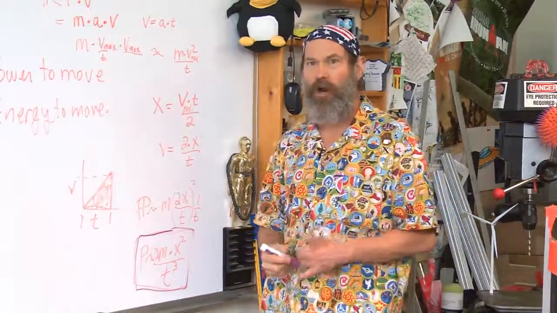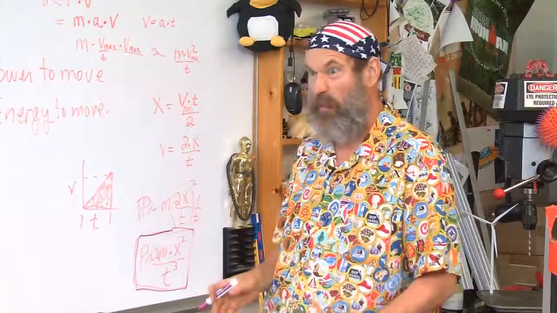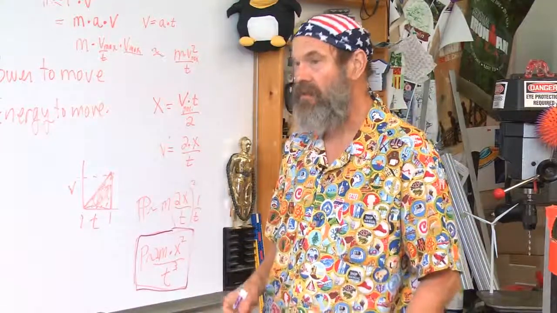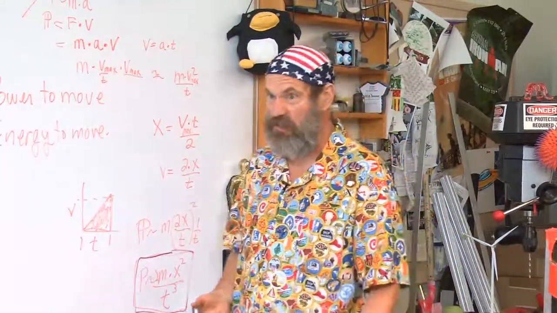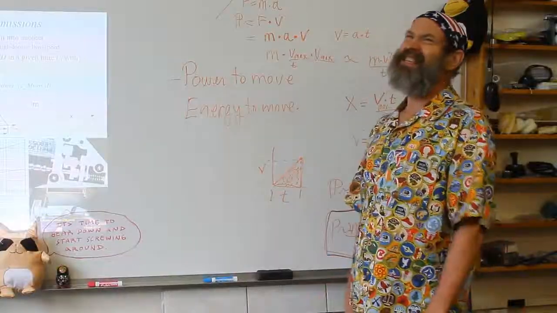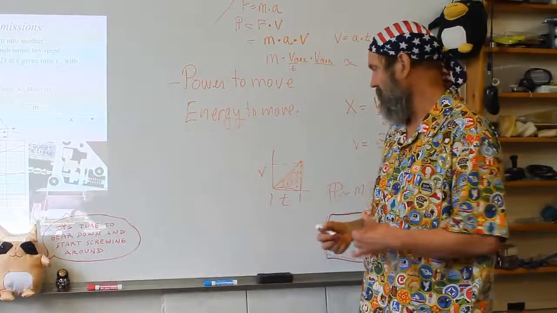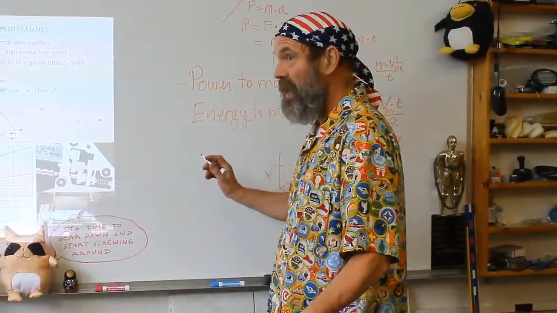So when you look at these car ads, 0 to 60 in 4.2 seconds. Yeah. And the next one says 0 to 60 in 3.9 seconds. You think, what? That's not very much faster. That's only 10% faster. Well, how much more power is that?